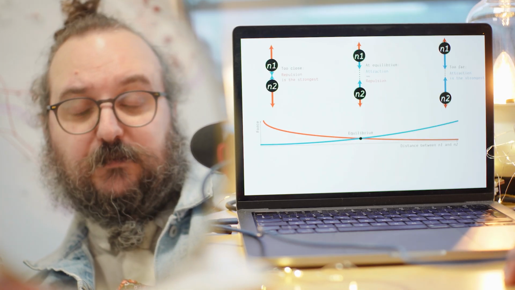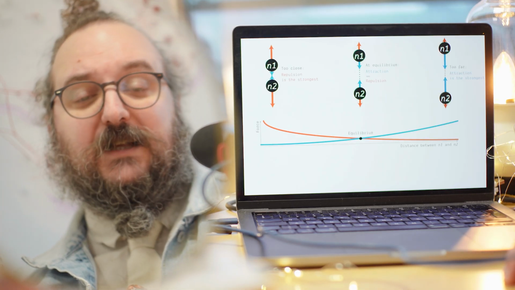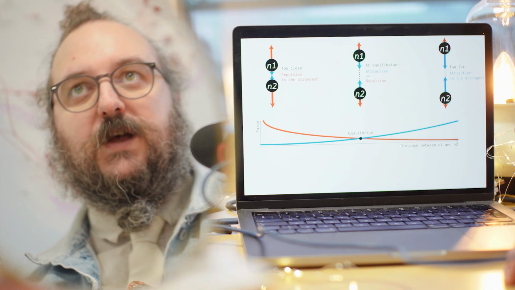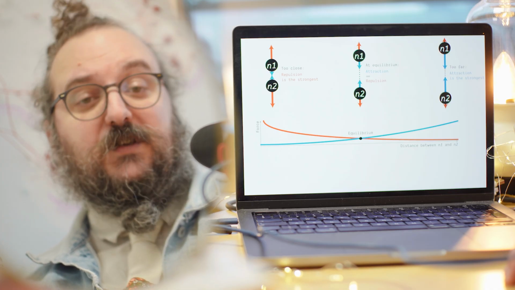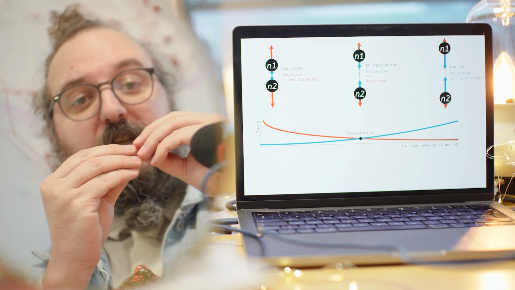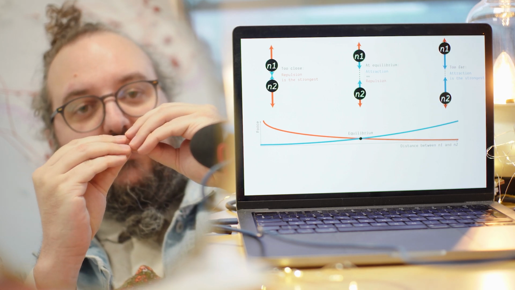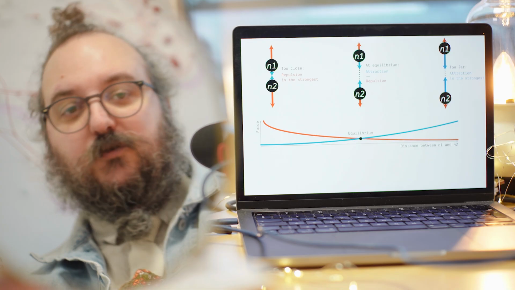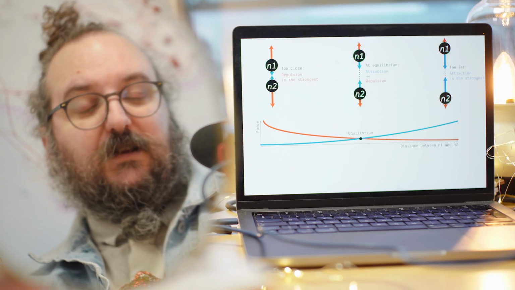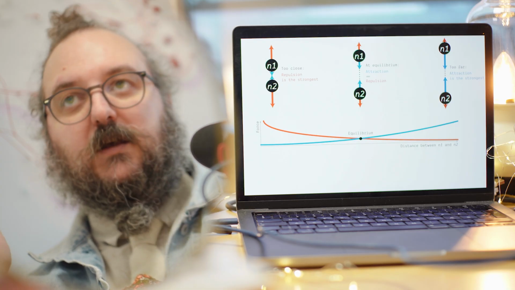Now, you have the experience of magnets and springs, so you know that two magnets of the same polarity repel each other when they are very close, right? So close, you repel strongly. If they are far apart, they don't repel much. You don't even feel the strength of repulsion.